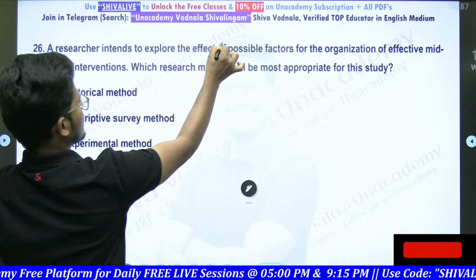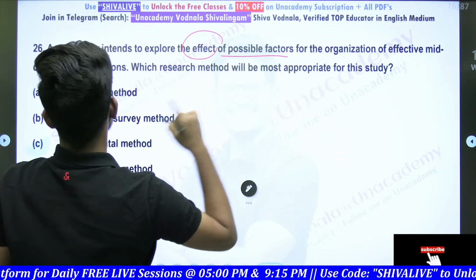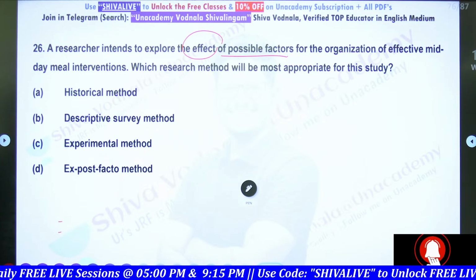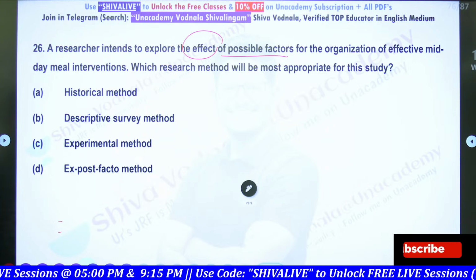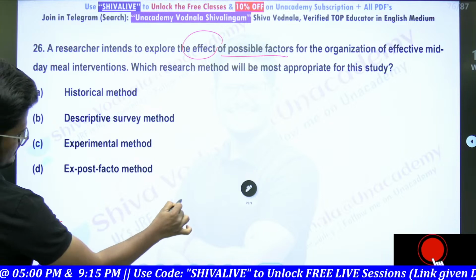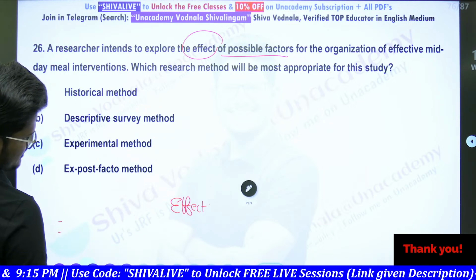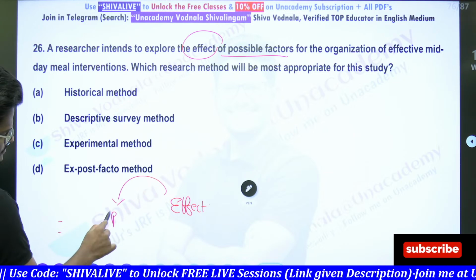Here, effect of possible factors for organizing effective midday meal interventions. Effect is the key. Effect will come after the cause. Means here, in order to identify the effect, something must have happened previously, which is past.